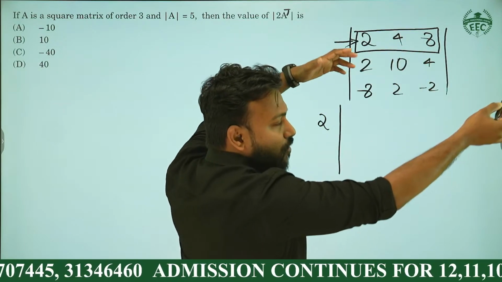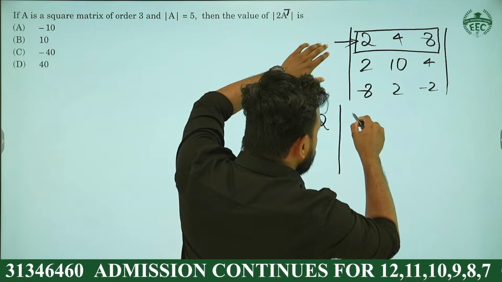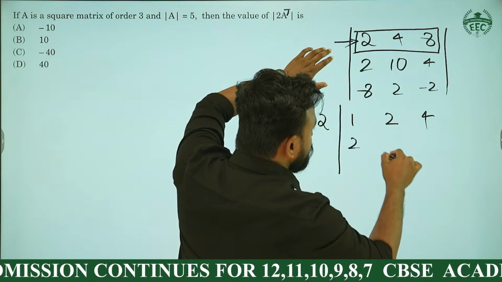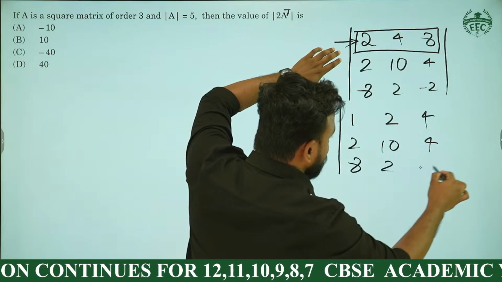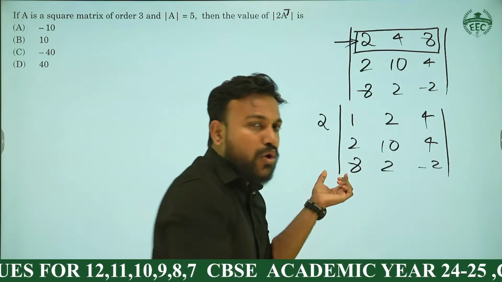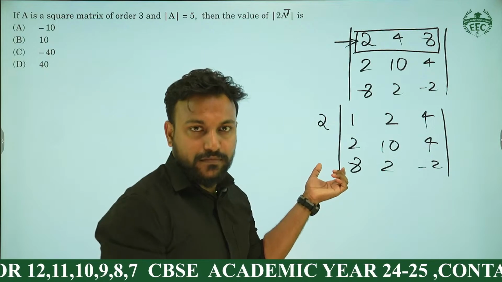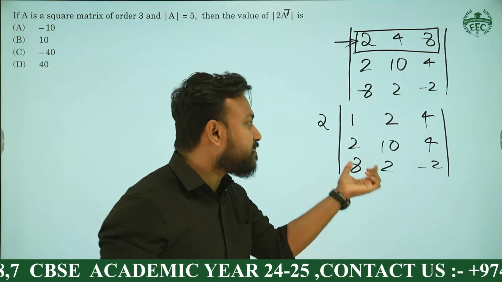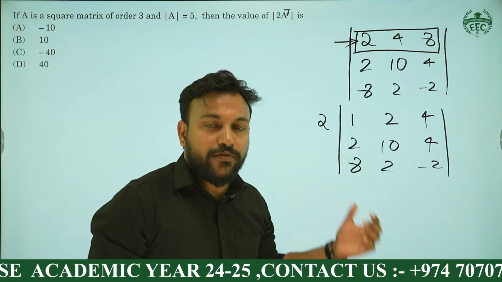Any row or any column, but only a single one. While taking this 2 outside, nothing happens to the other 2 rows, because I only take 2 from the first row.